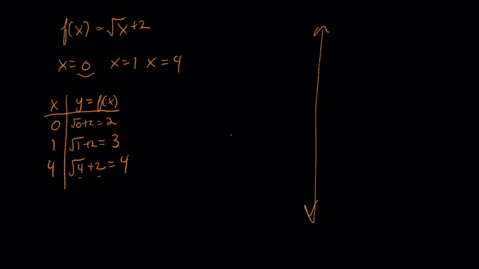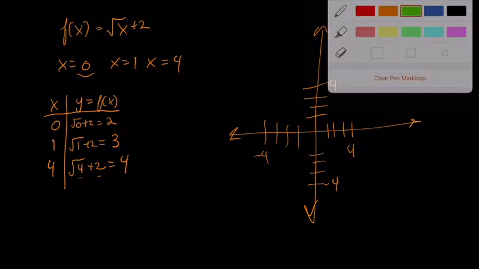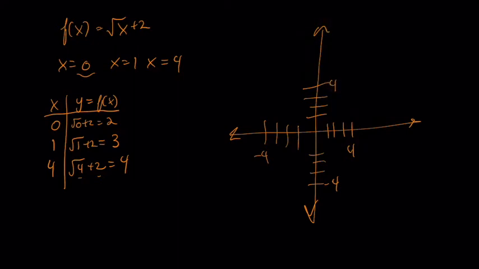Let's draw a wonderful coordinate plane. All right, I'm going to change colors very carefully as to not clear my graph. So I have when x is 0, y is 2.